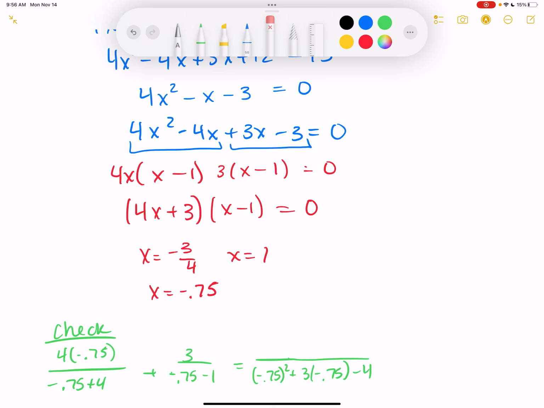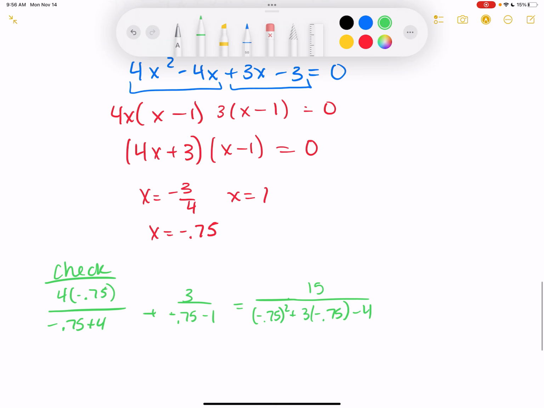Goodness, I can't even fit it. Oops, I keep writing... I wrote the 0.75 too many times. I started writing 7.5. Oh, this doesn't even fit.